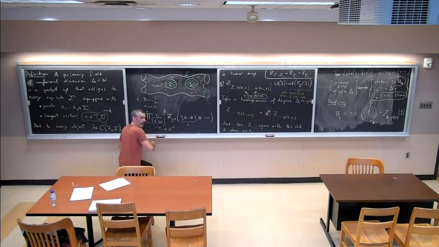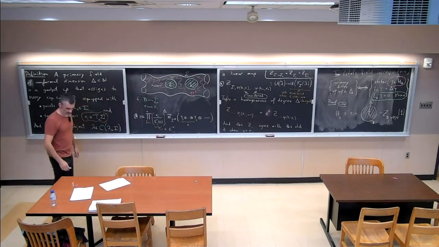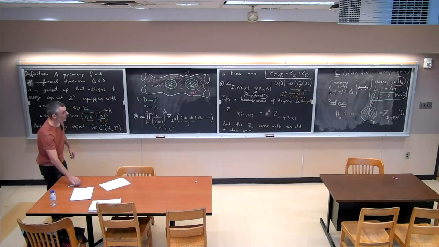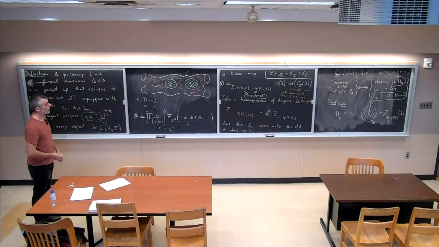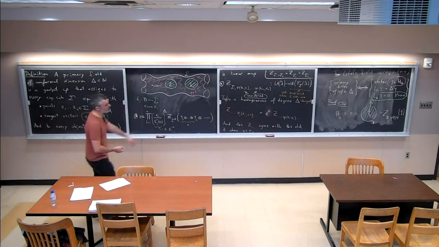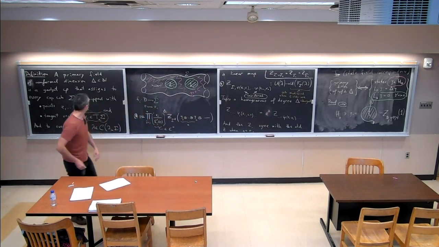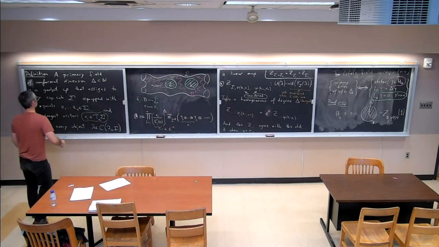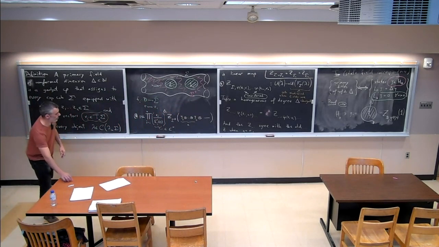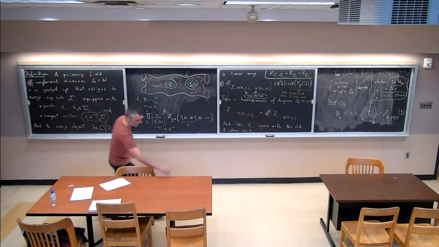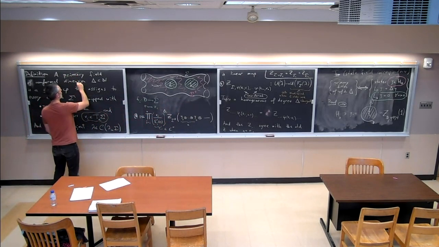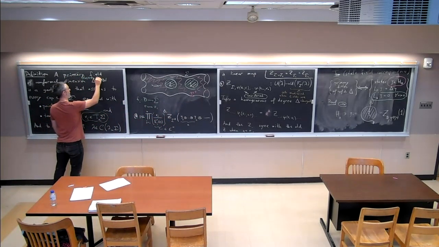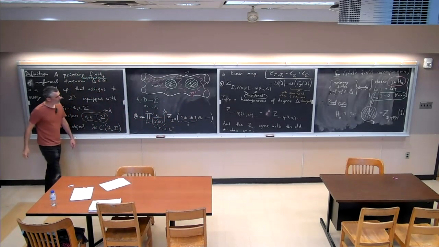is in C star. But then if you relax that condition in green, these are then called descendant fields. So you remove this, and they're called descendant fields.